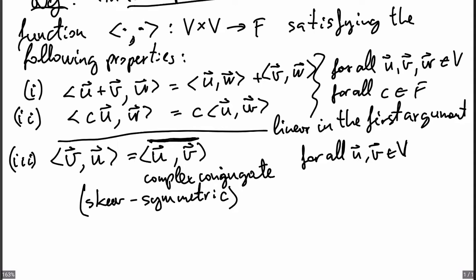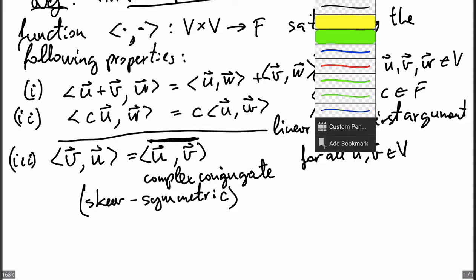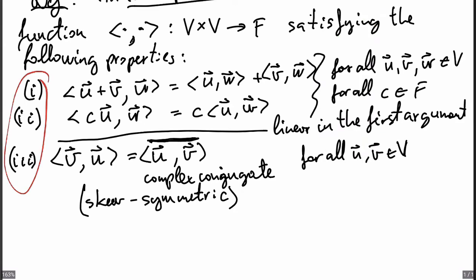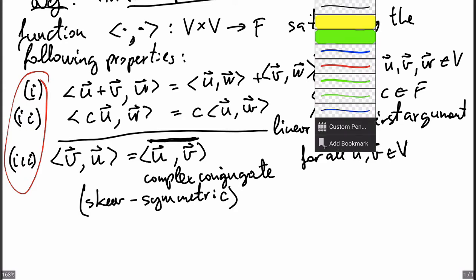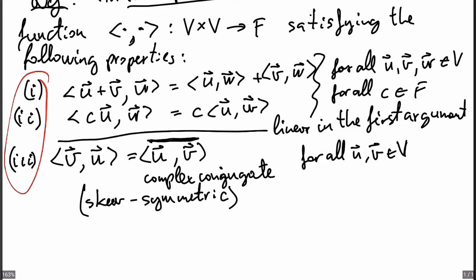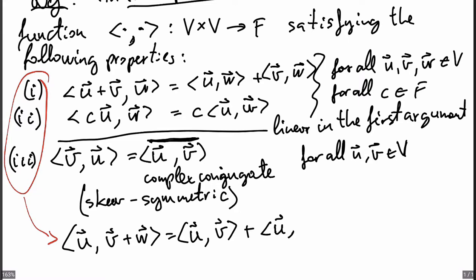And the first three properties together, where it says that you have linearity in the first argument and you have complex conjugate property when you switch things around, this results in the property that if you try to do similar things in the second argument, for example, v plus w, you can separate this into two inner products by separating the second arguments.